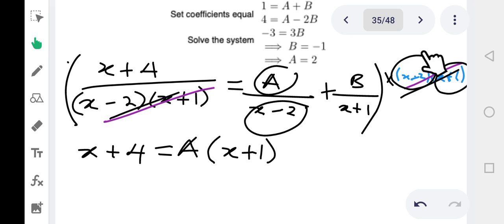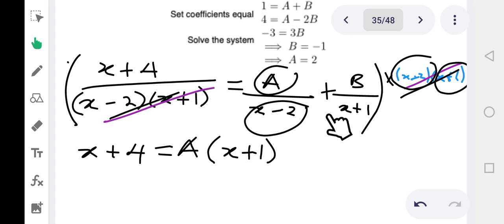But again, the same thing, these two, x minus 2 times x plus 1. Again, I'm going to multiply it with a over x minus 2, so that I cancel x minus 2 and x minus 2. I'll remain with x plus 1 and the a here. A times x plus 1, I'm going to have a open brackets, x plus 1 close brackets. The same thing is going to happen at b.